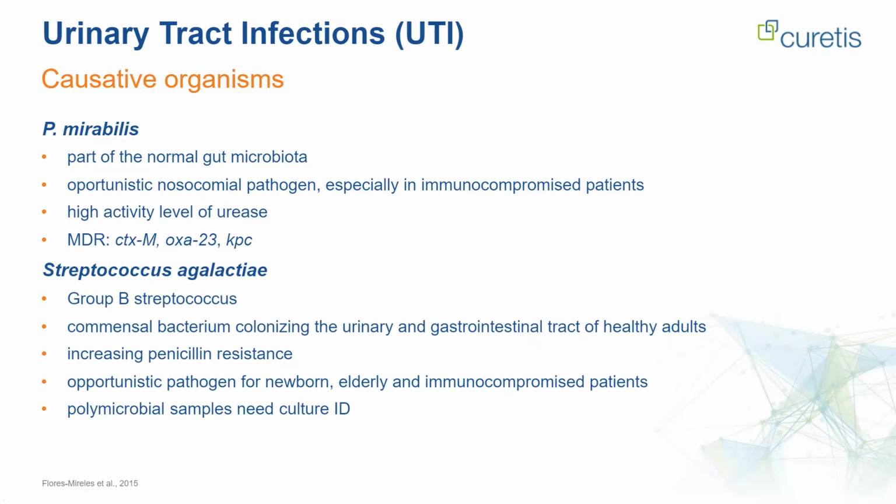Streptococcus agalactiae is also an opportunistic pathogen for newborns, the elderly, and immunocompromised patients, because group B Streptococcus is the main cause of neonatal sepsis. Therefore, a polymicrobial sample that normally would be rejected should have a urine culture conducted for the identification of Streptococcus agalactiae.